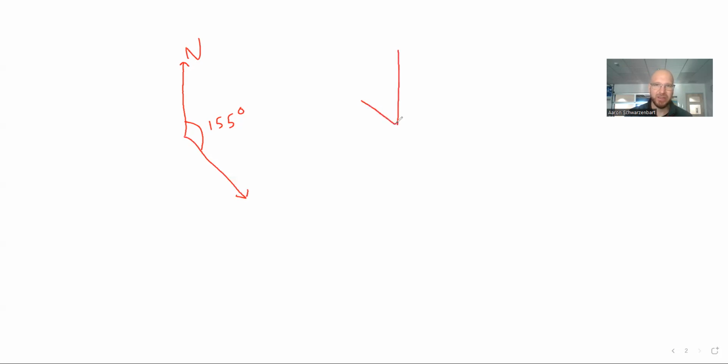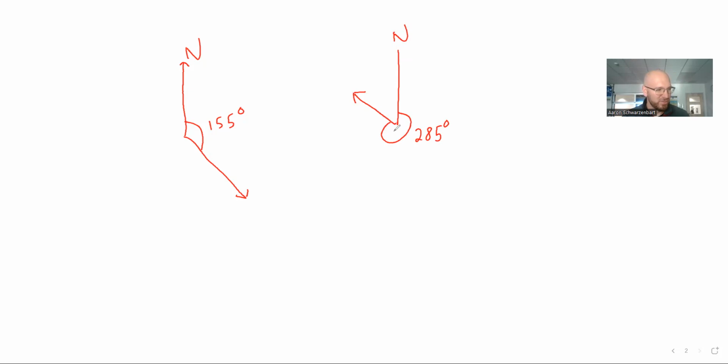If it's over here, it's measured clockwise from due north. That might be 285 for a bearing, because it's 285 degrees. Again, the second arrow is the direction I am traveling.